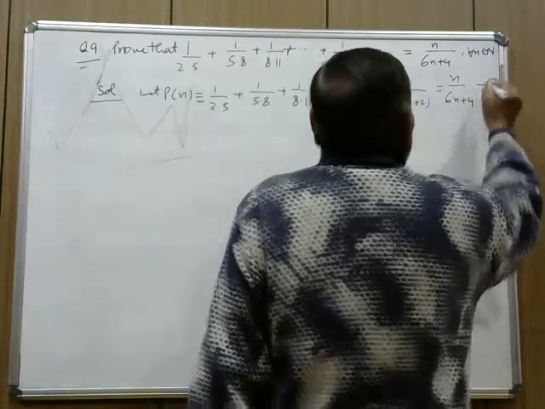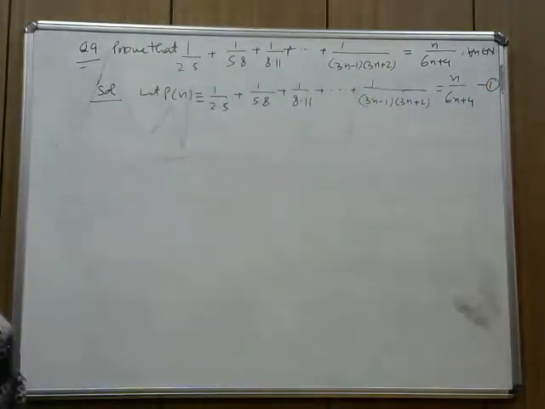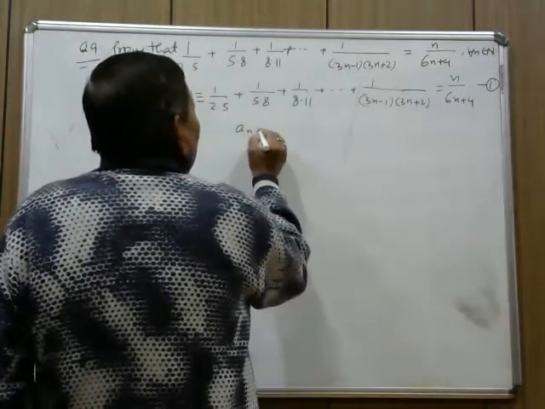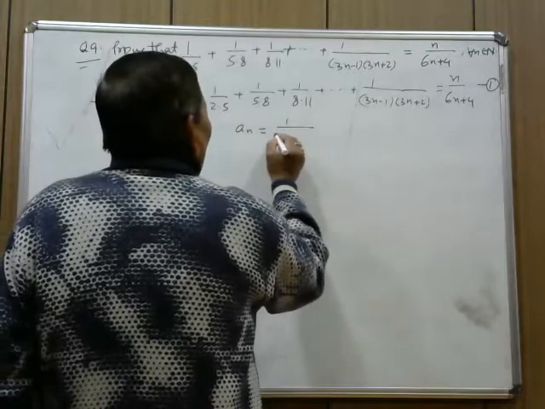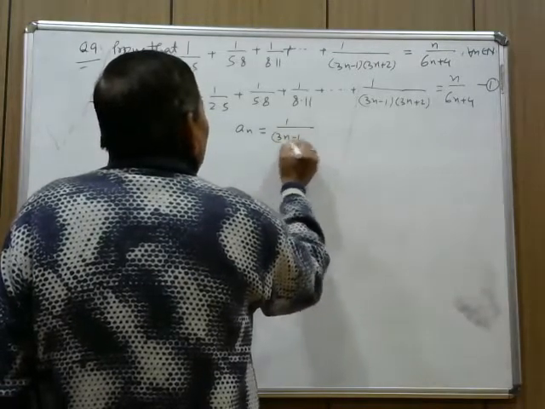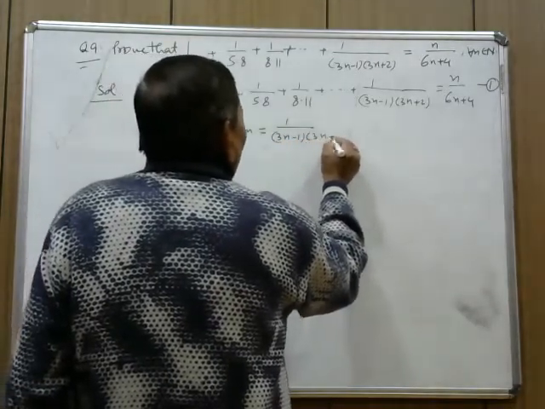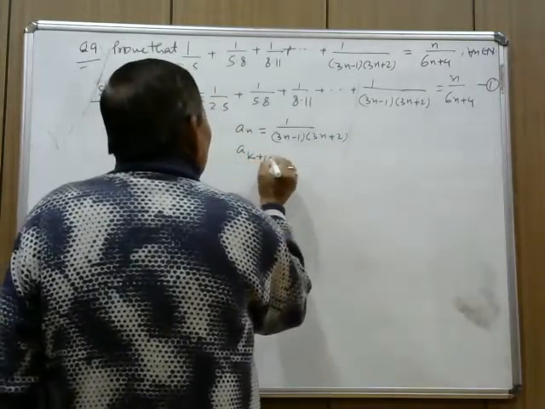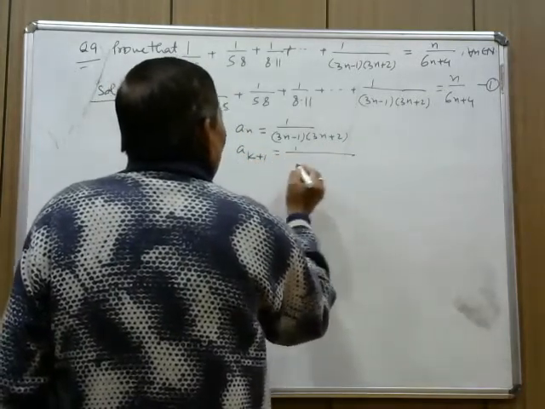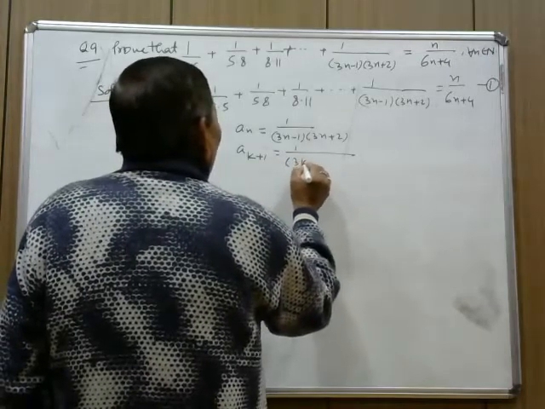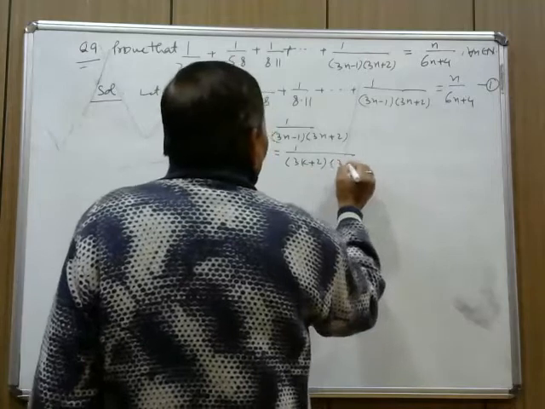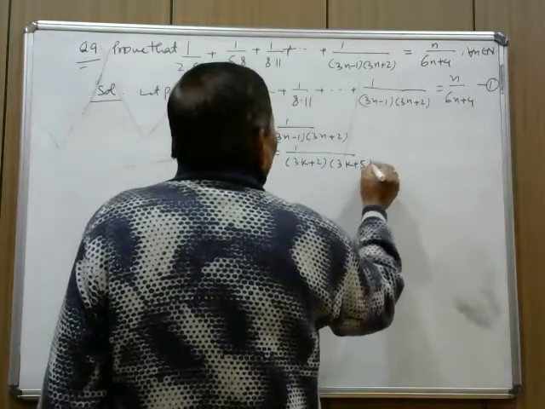This is 1. Here a n is 1 upon (3n minus 1)(3n plus 2), so a k plus 1 equals 1 upon (3k plus 2)(3k plus 5). This is 2.